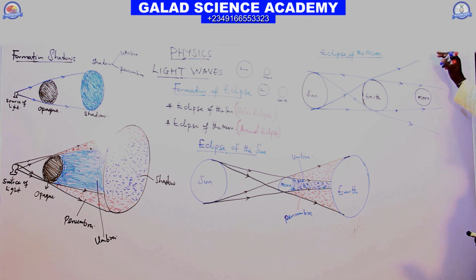So this is the diagram for eclipse of the moon.